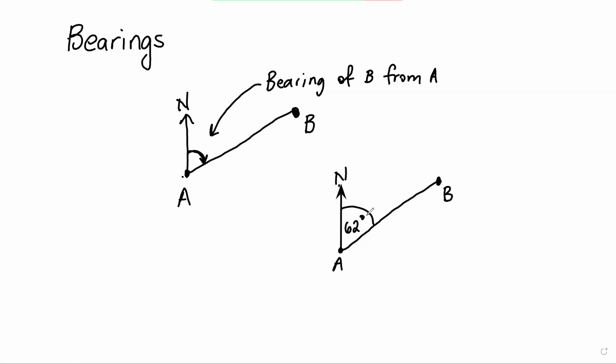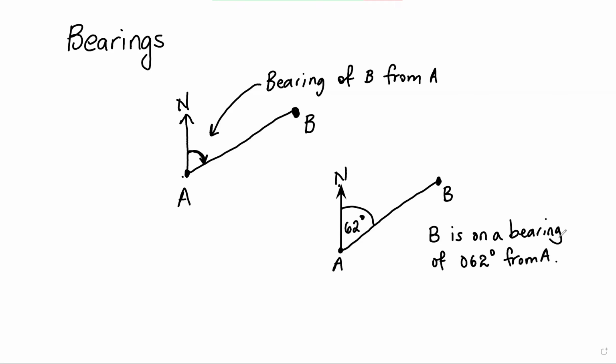However, when you're writing it, you would say that B is on a bearing of 062 degrees from A, right? Because you have to use three figures when describing a bearing.